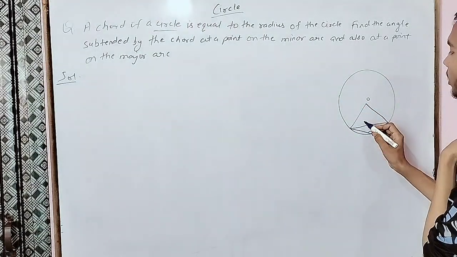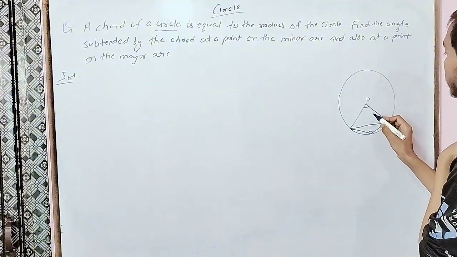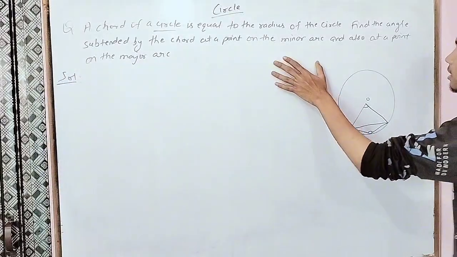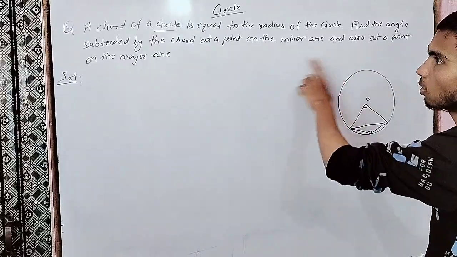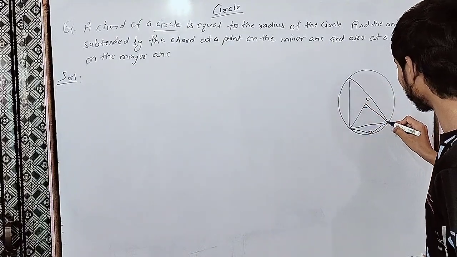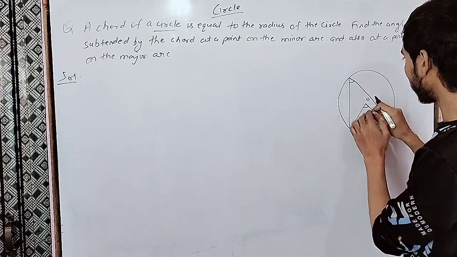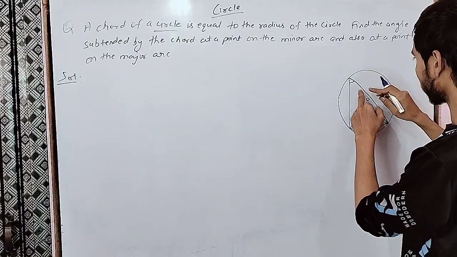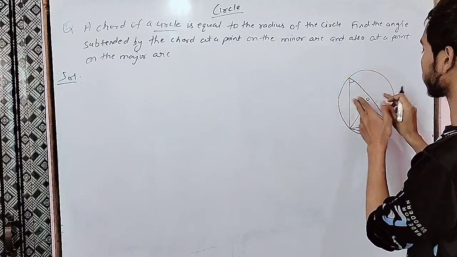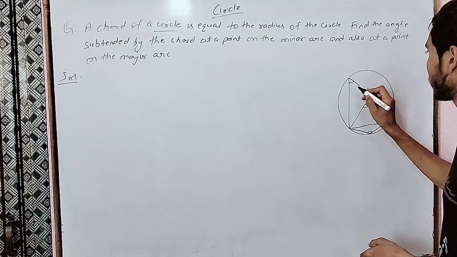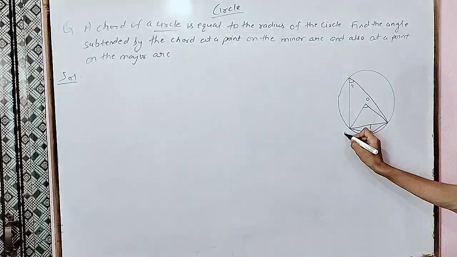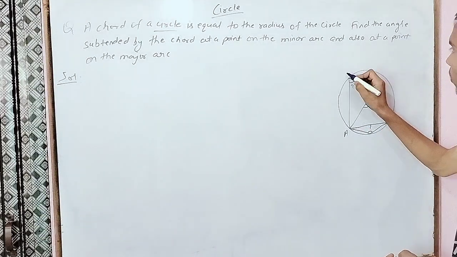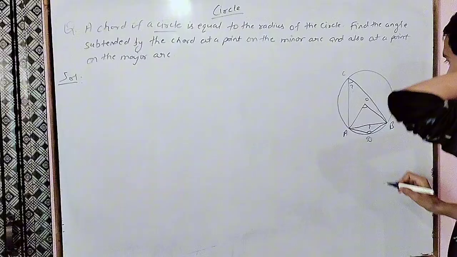As well as, it is saying to find the subtended angle at a point on the major arc, in the major sector you can say. We have to find what this is and what this is. Just look, I am naming each point.